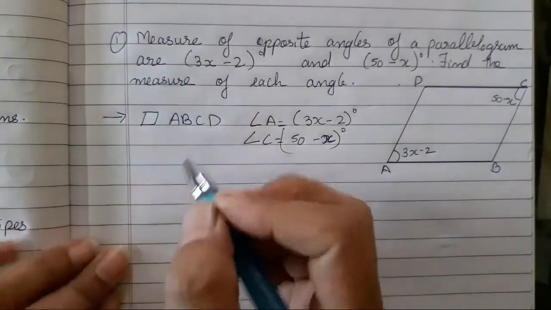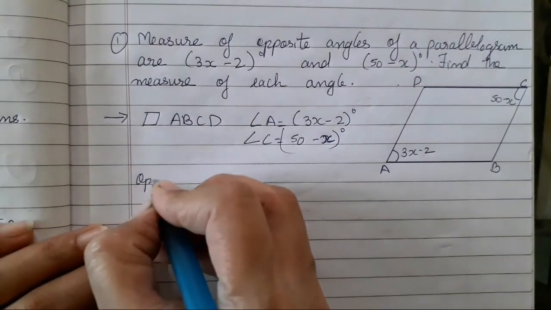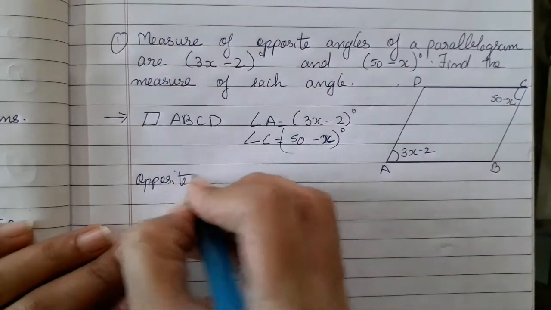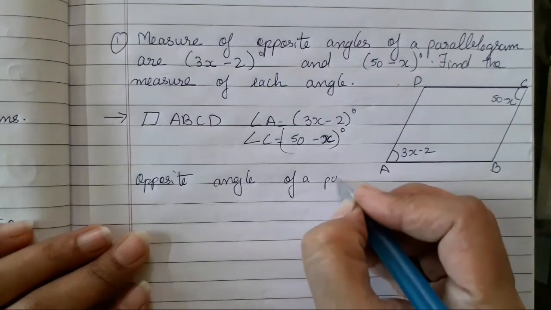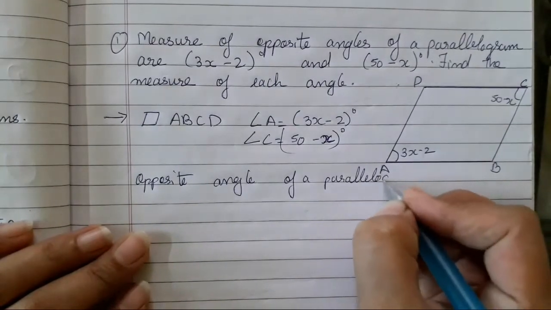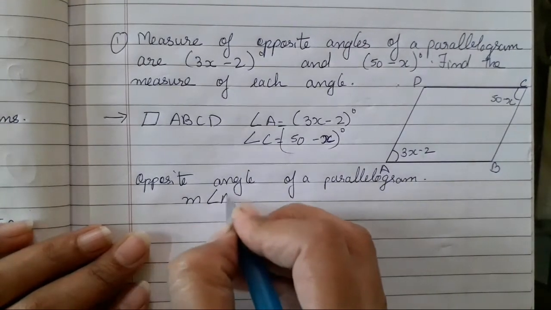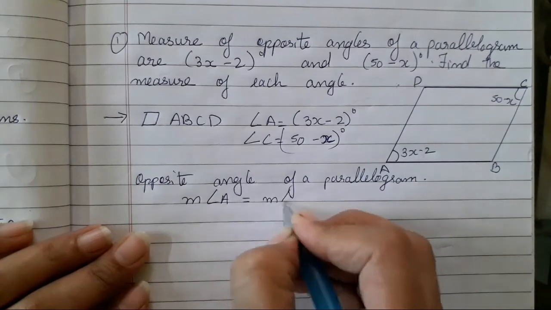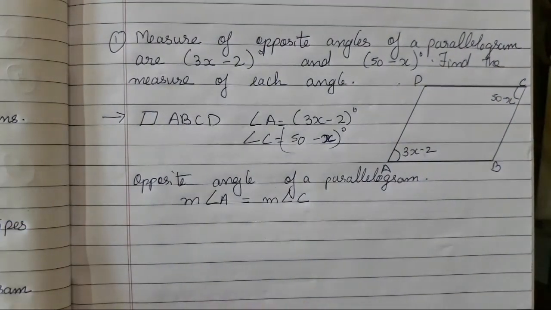Yes, it is. Now, from the opposite angle property of a parallelogram, we can say that measure of angle A is equal to measure of angle C. Okay, this is the property of a parallelogram.